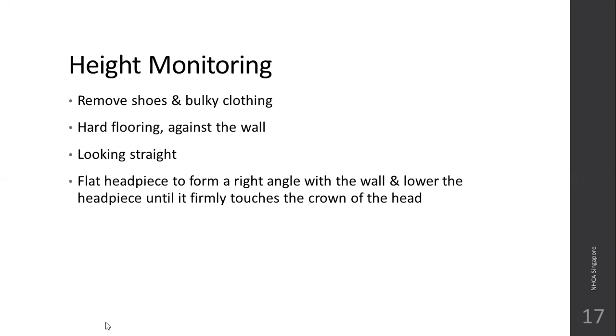Lower the headpiece until it firmly touches the crown of the head, not below the crown or over the crown. It's better to use a steel scale, which is a flat surface, and you mark and measure from the floor to the marking. So that's how you do the height monitoring.